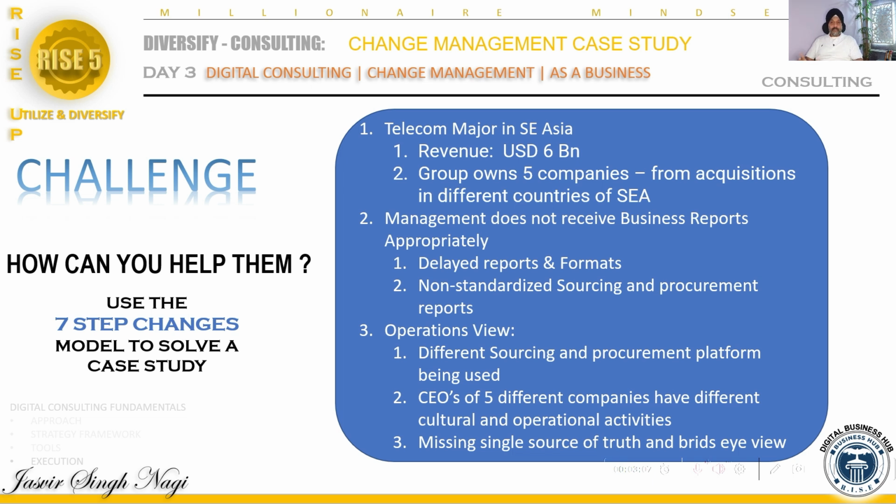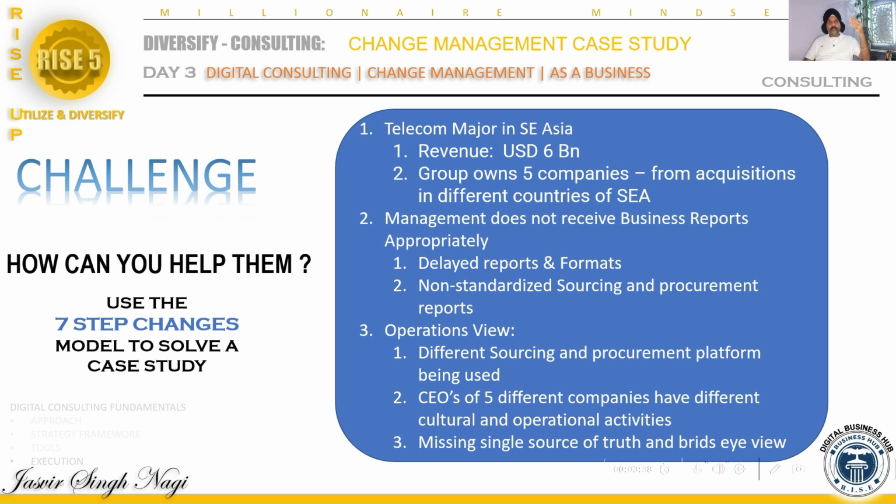So the operators' view, that is the CFO or the COO in this case, is that different sourcing and procurement platforms are being used in different companies. That is number one. Number two, the CEOs of 5 different companies have different cultural and operational activities. What does this mean? When these companies were acquired, each was run by a respective CEO or owner who remains, and is now a CEO of the larger group.